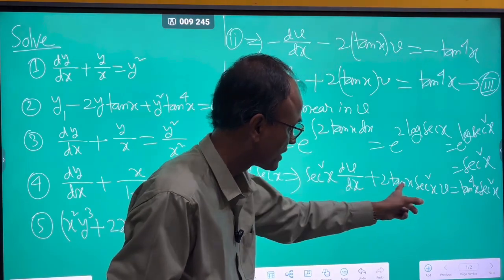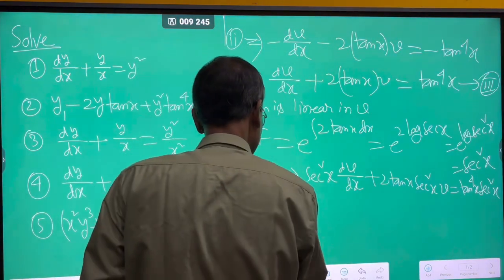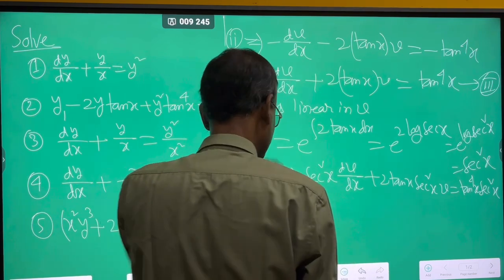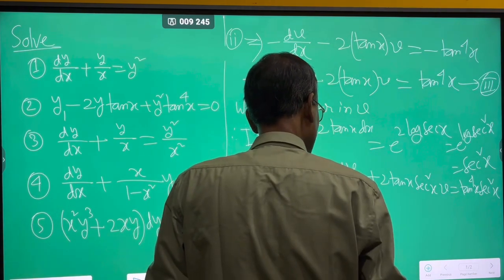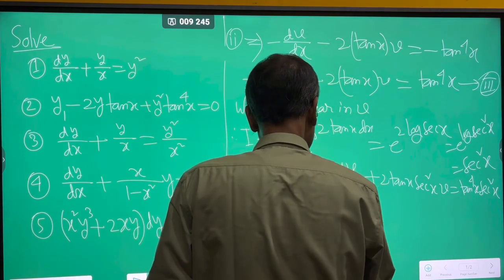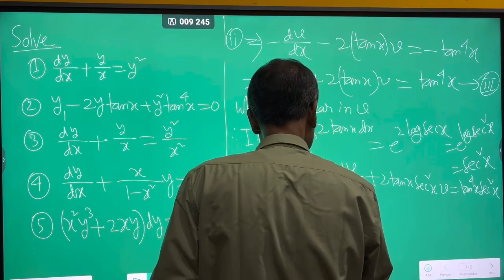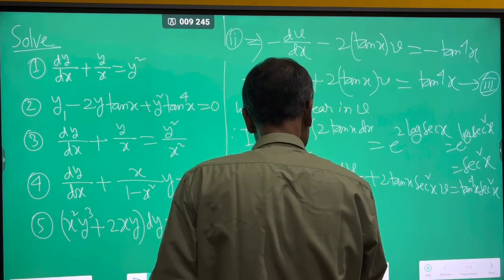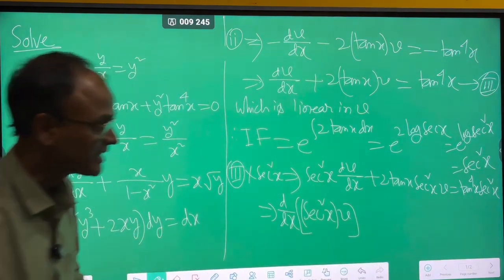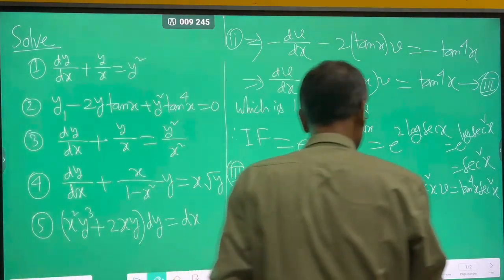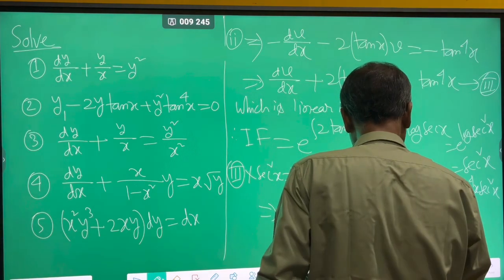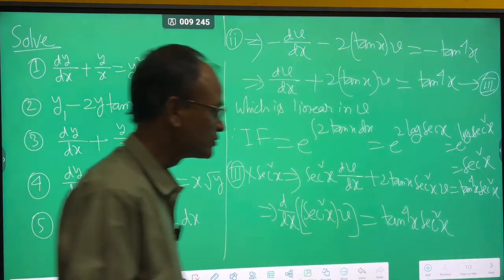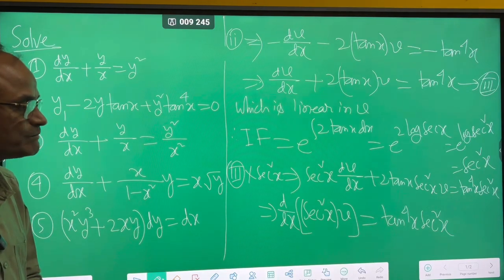Therefore, you may write here d by dx of sec square x into v equal to 10 to the power 4x into sec square x.